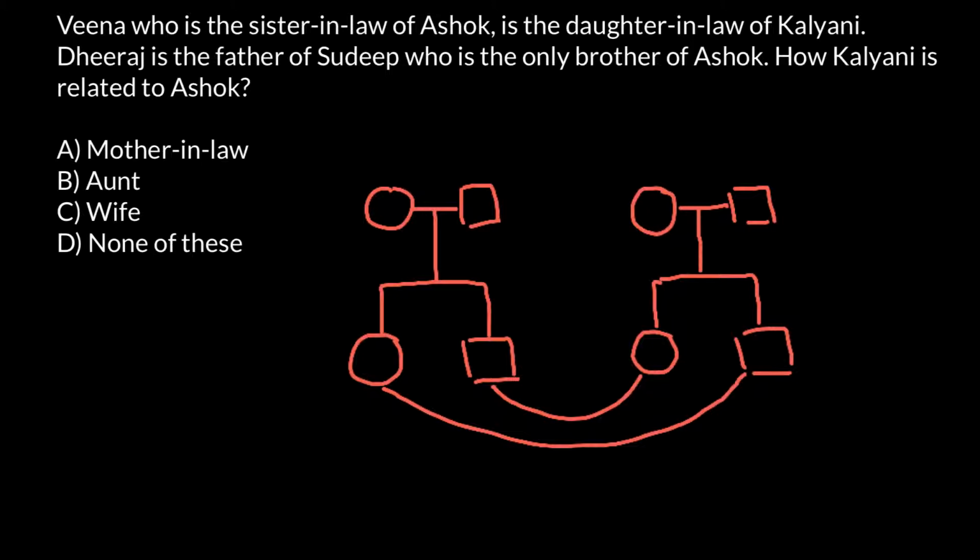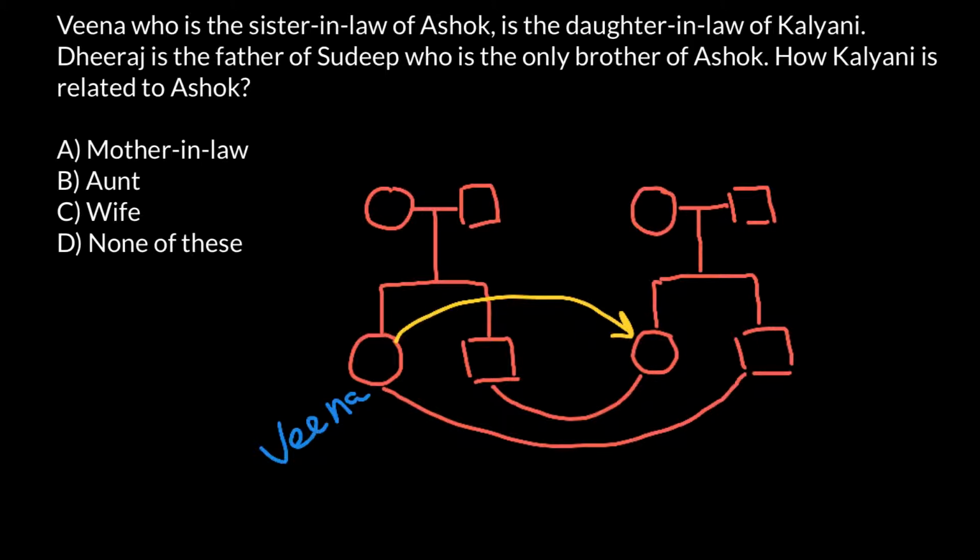So here is going to be Veena, and she is going to be a sister-in-law of this person. Again, let's think about it. She is a wife of this person, and this person has a sister. So Veena would be a sister-in-law of this person.